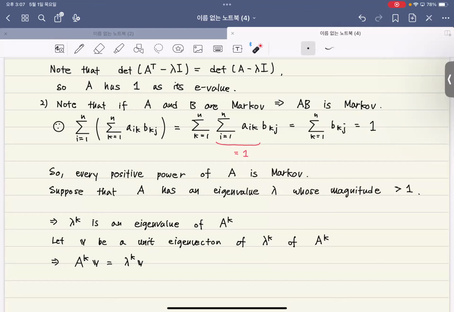But on the other hand, since the magnitude of lambda was assumed to be greater than 1, if k is a sufficiently large number, then some of the entries on the right-hand side can be greater than 1, which is clearly a contradiction.